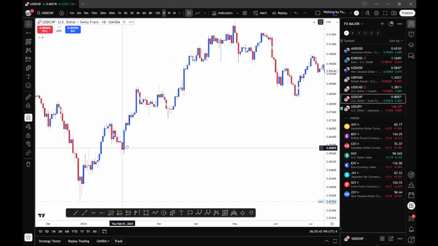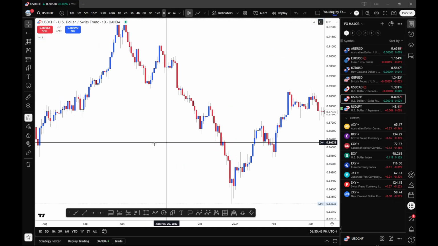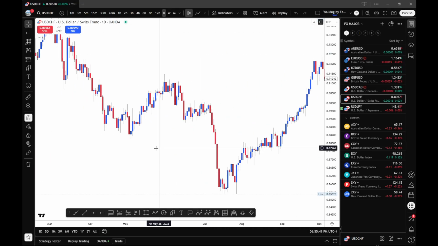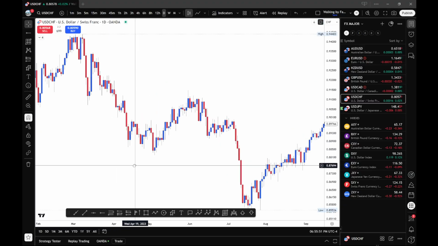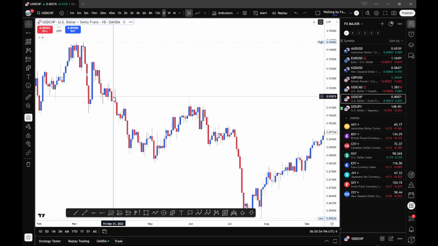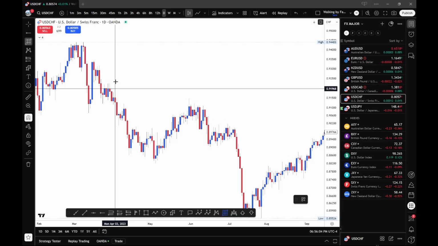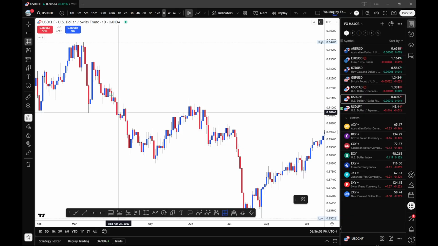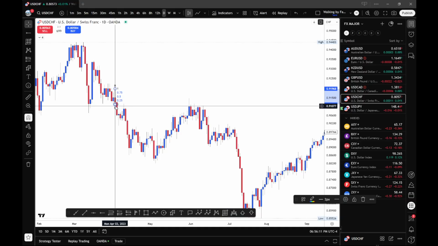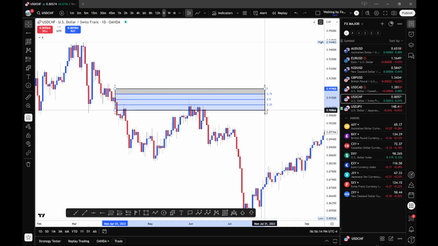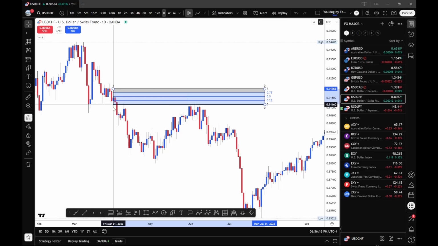Beautiful. Let me see another one. Let's find another drop-base-drop. Let's see what this one gave us. So you see how it's a drop, and then we have 2 candles as a base and then a drop. That's okay. So the highest wick between this formation is this candle, and then the lowest is this one I'm going to use. Extend it to the right, and we had 2 entries.